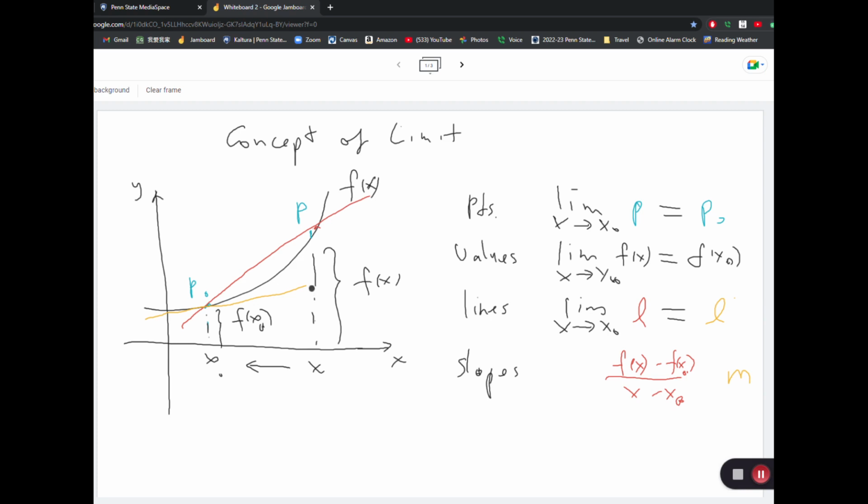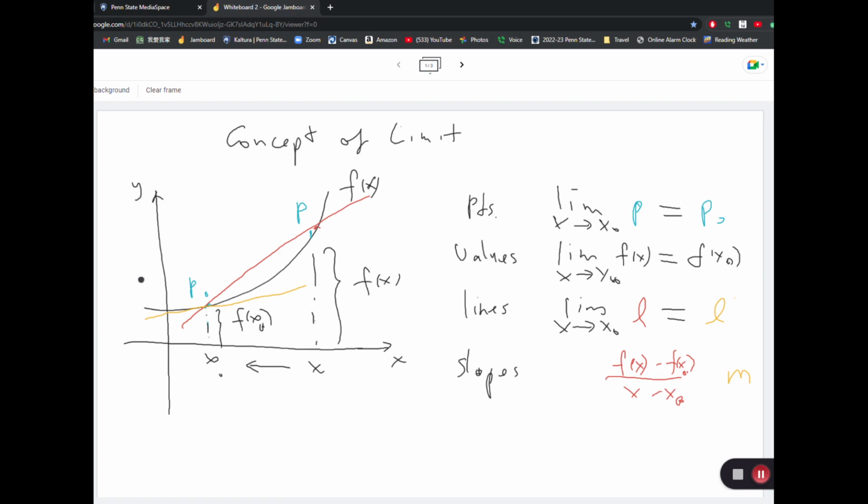Will approach the slope of this yellow line, obviously, because the red line approaches the yellow line. Of course, the slope of the red line is getting closer and closer, approaching the slope of the yellow line.